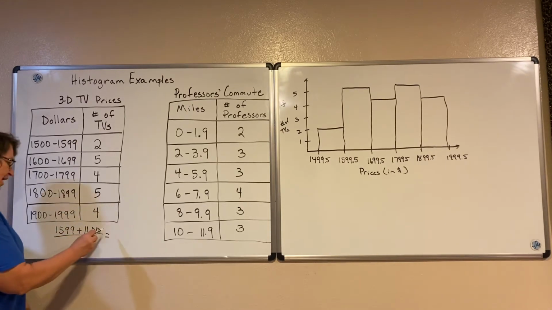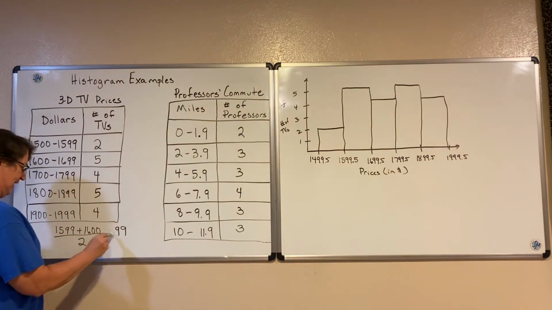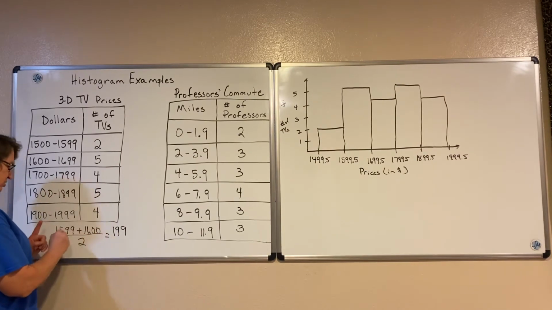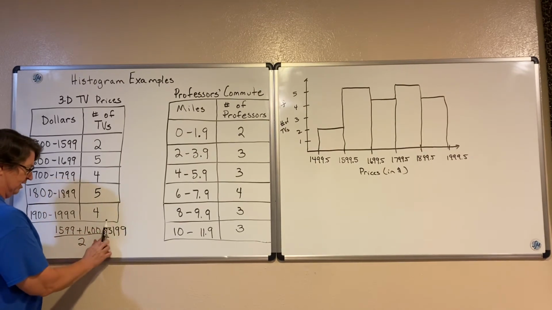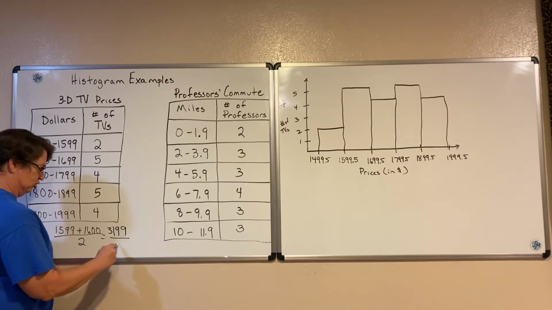So in this case, I end up with 3199. I'm going to divide that by 2.